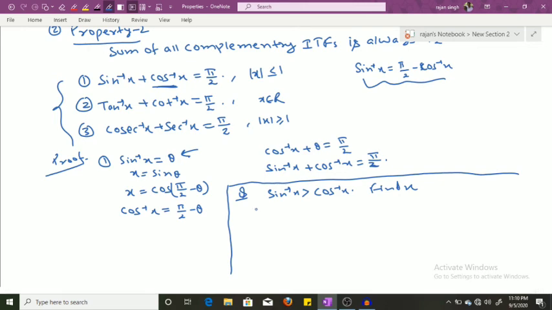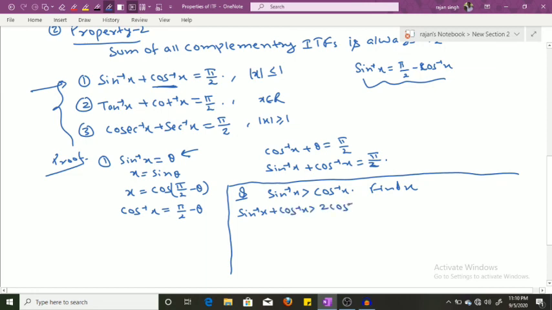What to do? Use this formula. If you add cos inverse to both sides, addition has no effect on the inequality; you can add either cos inverse or sin inverse. So we are adding cos inverse x to both sides.